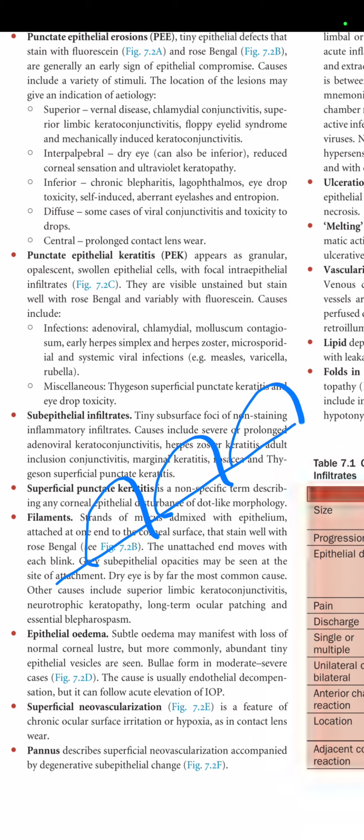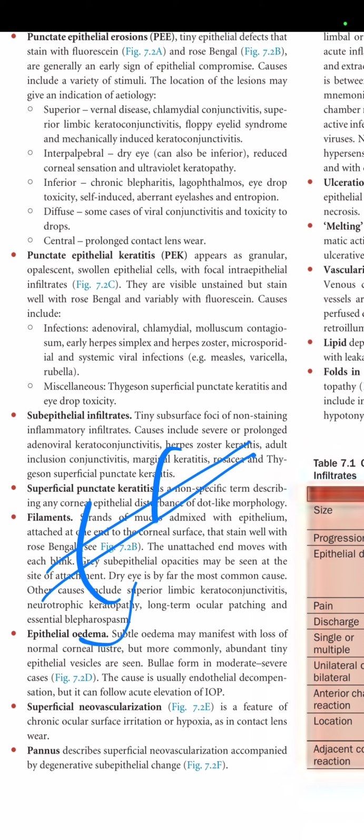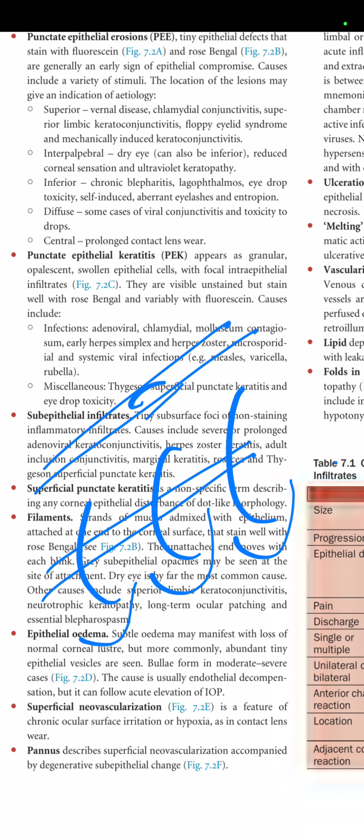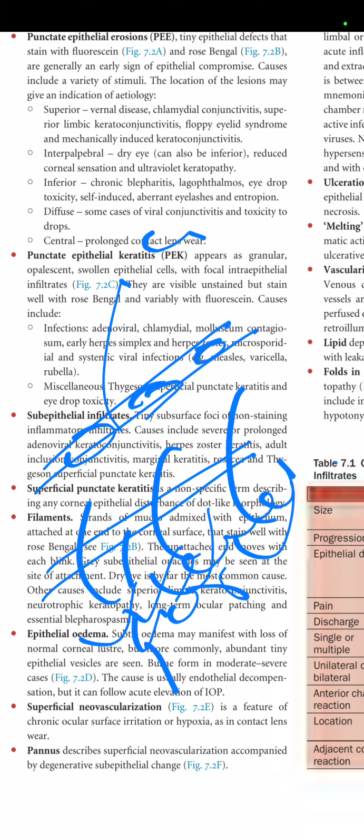The cause is usually endothelial decompensation, but it can also follow acute elevation of IOP. The major cause is that the endothelium is not pumping enough water out. So that is why the epithelial cells become edematous. And why does this happen? Because the endothelium is decompensated, or when there is an increased IOP.